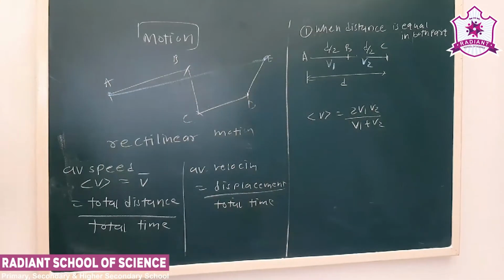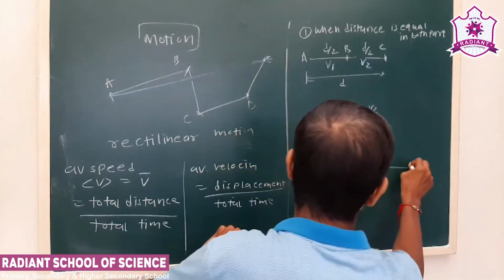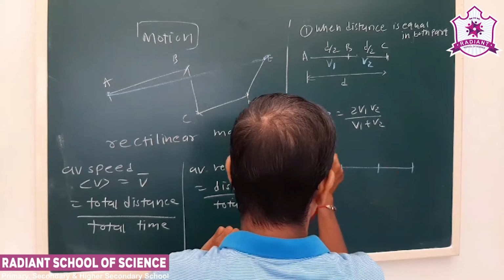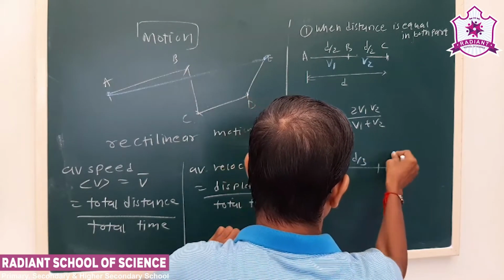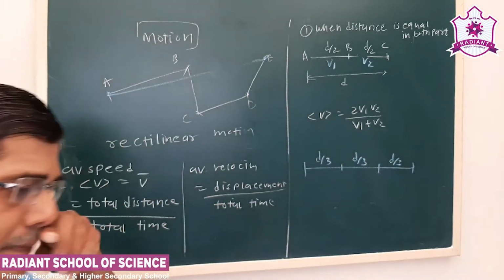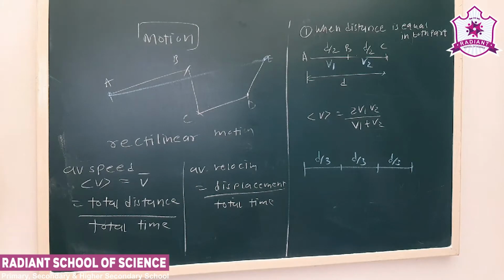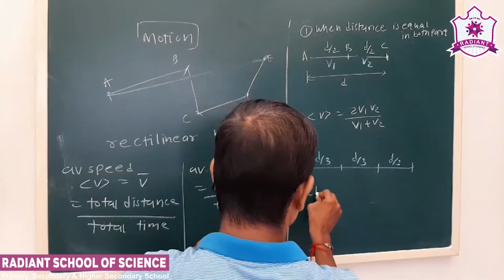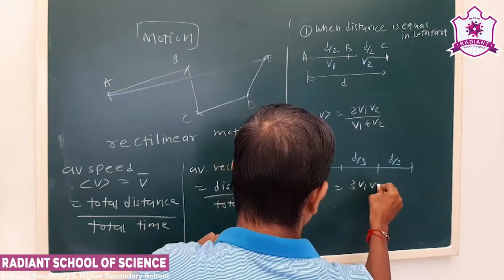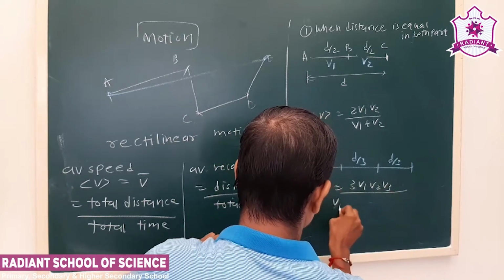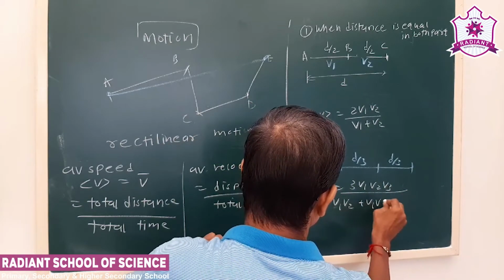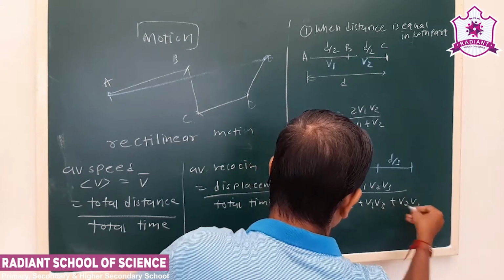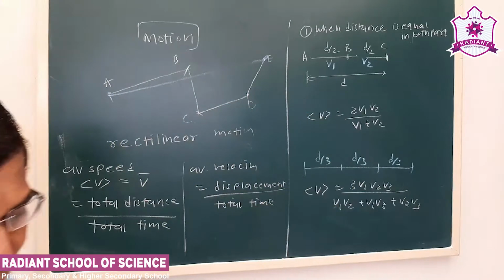If there are three parts, d by 3, d by 3, d by 3, then that can be extended. This is just for your information.